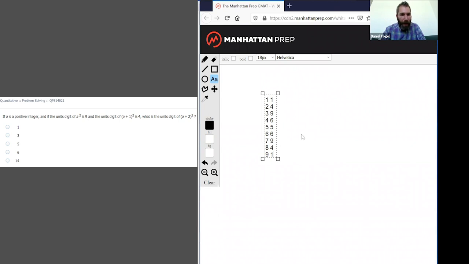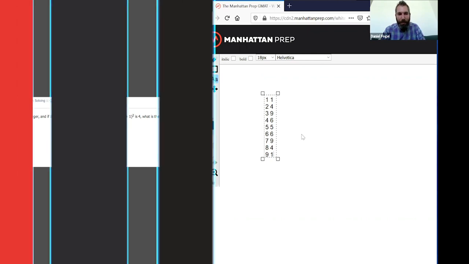But other than that, this is mostly about recognizing that when the problem says units digit, it's all about the units digit. And also knowing that when they give us that the units digit of a squared is 9, it's a little too simple for the GMAT to be thinking about 3 there. So I was pretty sure right at the top it was going to be something else. Once I found that, and figured out 7 was the other option, the rest of the problem unfolded pretty seamlessly.